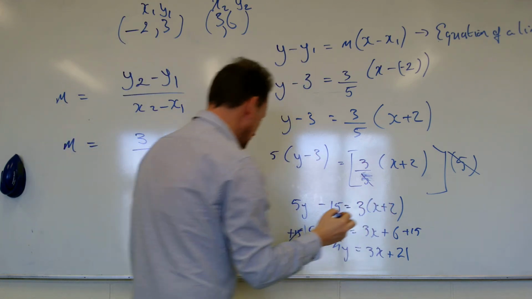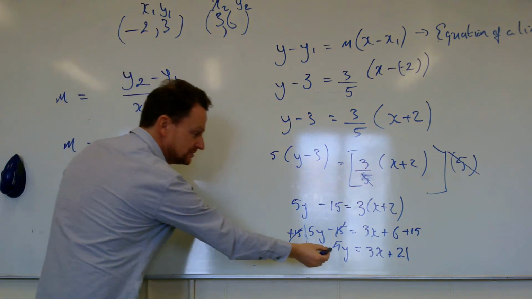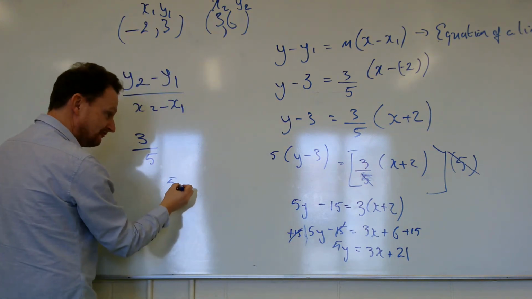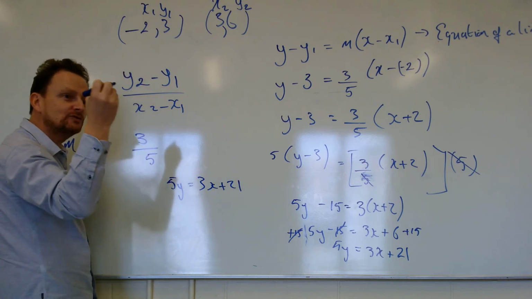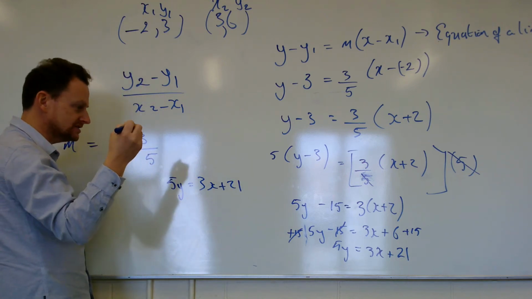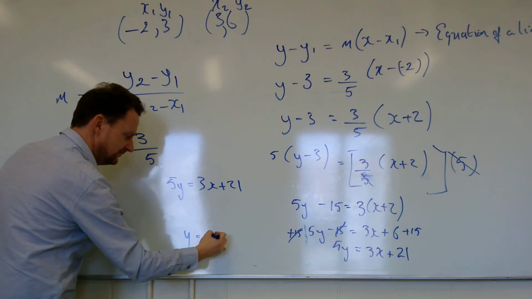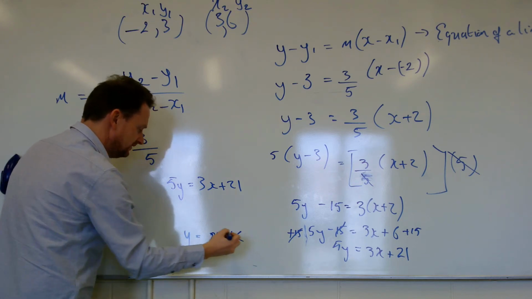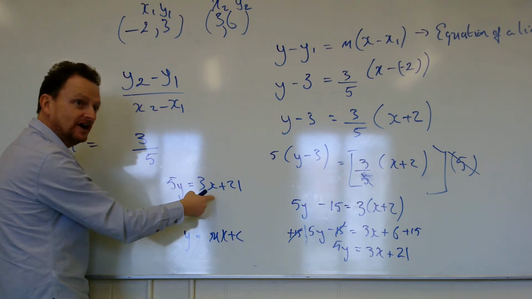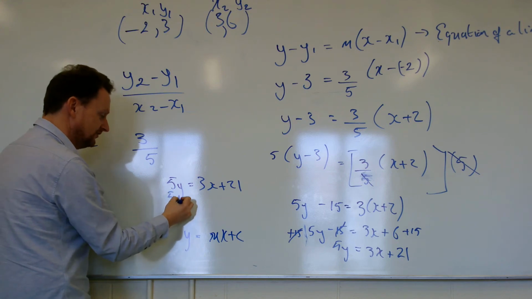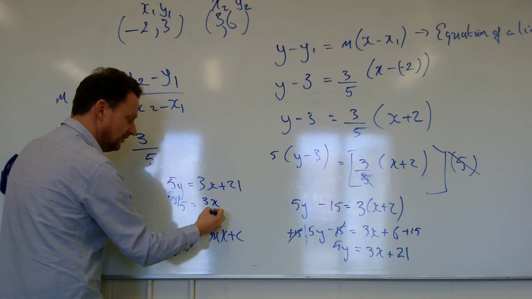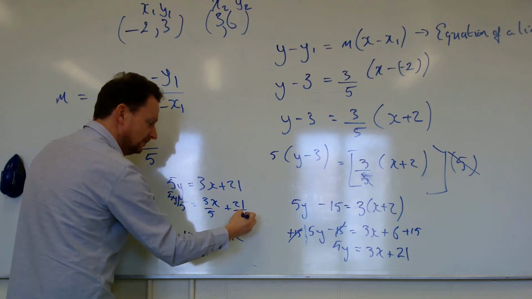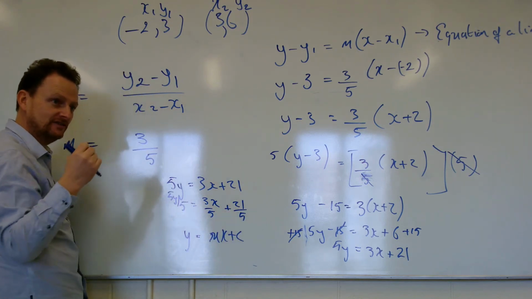So I have 5y equals 3x plus 21. I want y on its own because it's got to be y equals mx plus c. So I'm going to divide both sides by 5 to balance. So 5y divided by 5 equals 3x over 5 plus 21 over 5, because I'm dividing everything by 5.